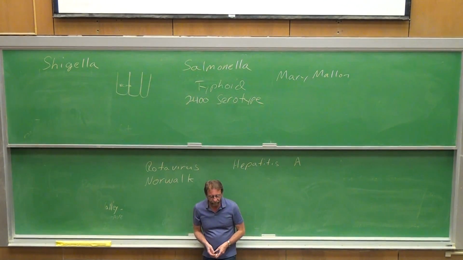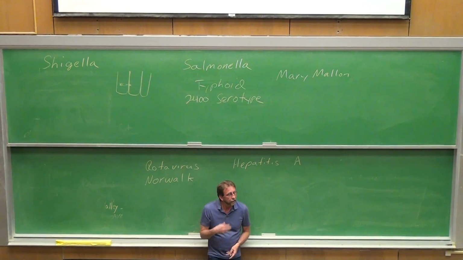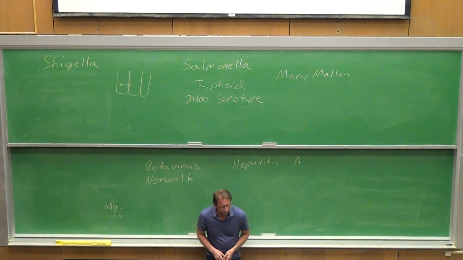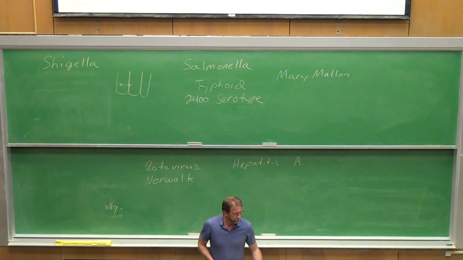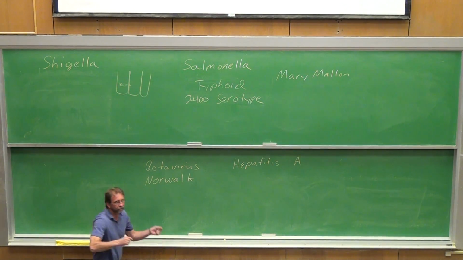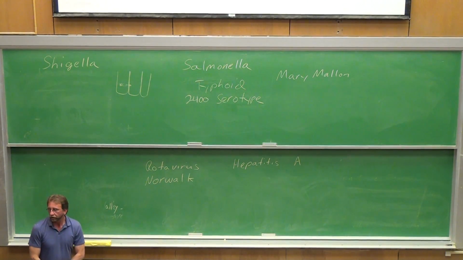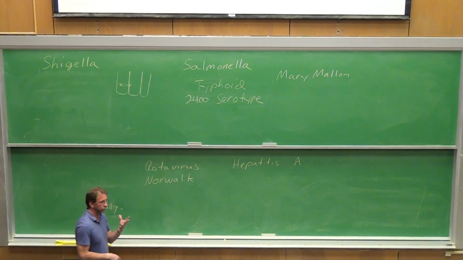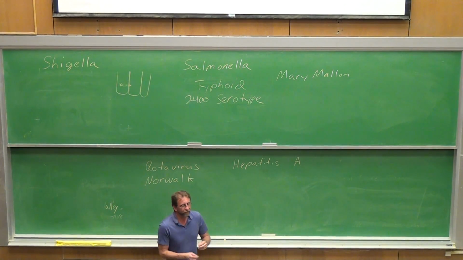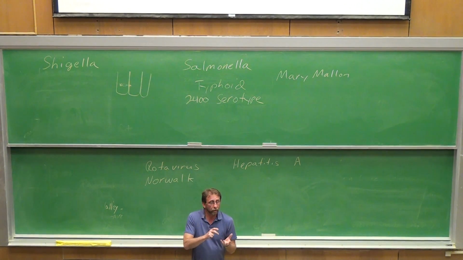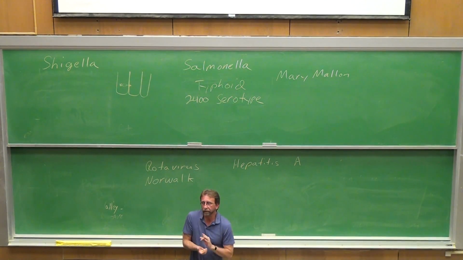Again, fatigue, fever, loss of appetite, nausea, jaundice. A lot of conditions that affect the liver lead to jaundice. Jaundice is a yellowing of the skin due to the fact that the liver is no longer breaking down bilirubin and biliverdin.